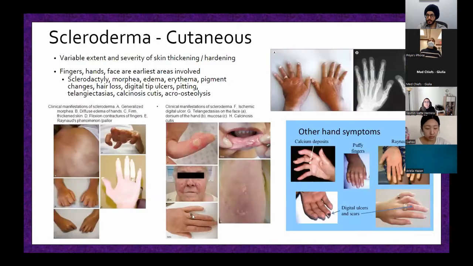The cutaneous features are variable and can depend on the extent and severity of skin involvement. So any area, as I mentioned, can be involved. Fingers, hands, and the face can present with sclerodactyly, morphea, edema, erythema, pigment changes, hair loss, digital tip ulcers, telangiectasias, calcinosis cutis, and acrosteolysis.